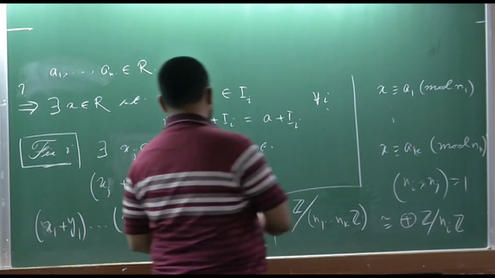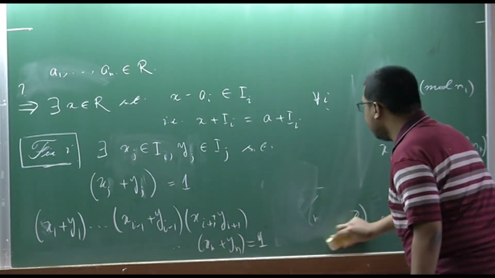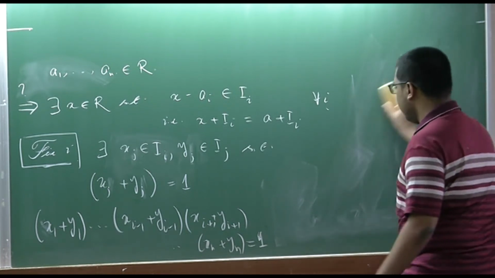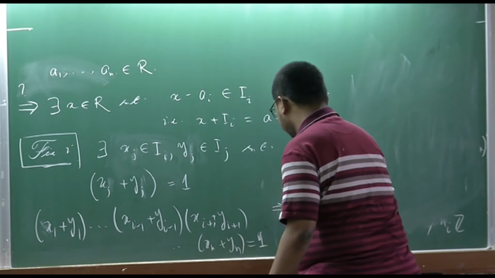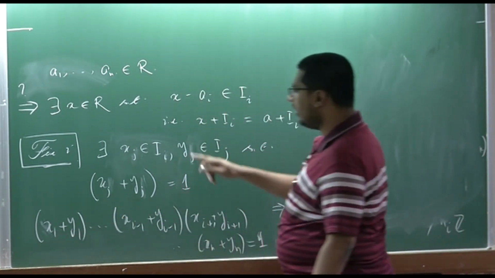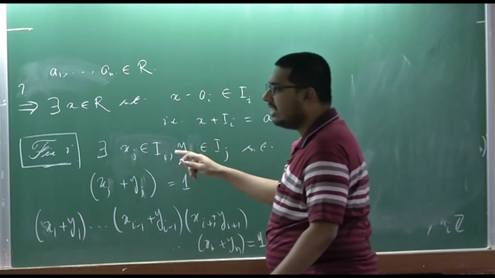When we simplify the left hand side, what we obtain is the following: recall that all xj's are in this Ii.